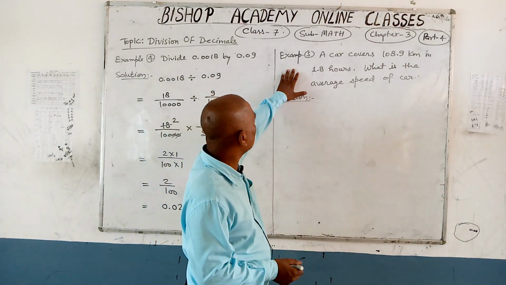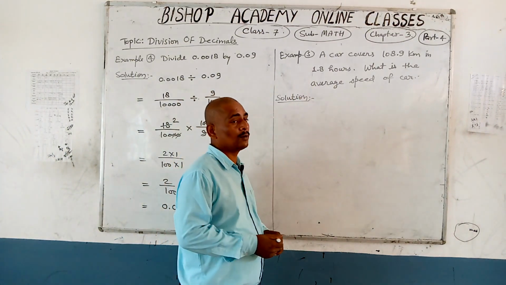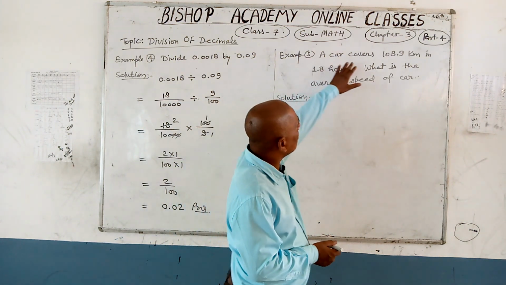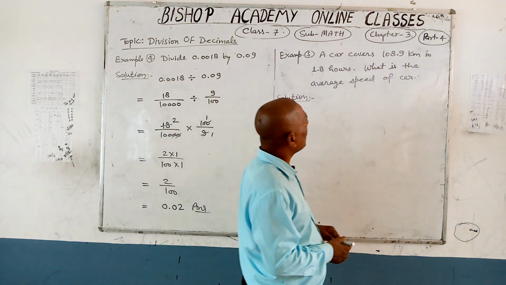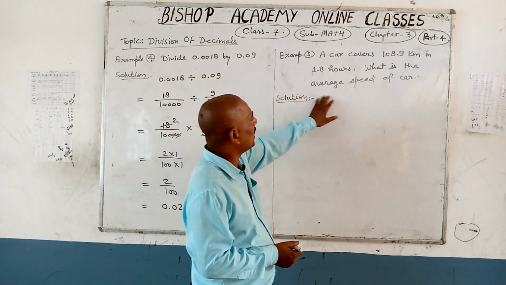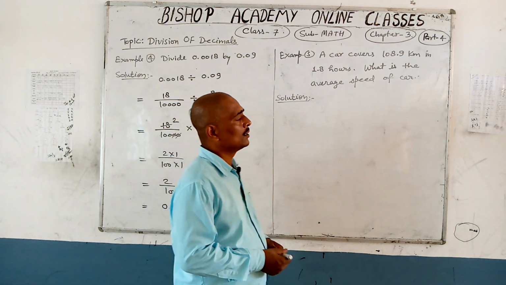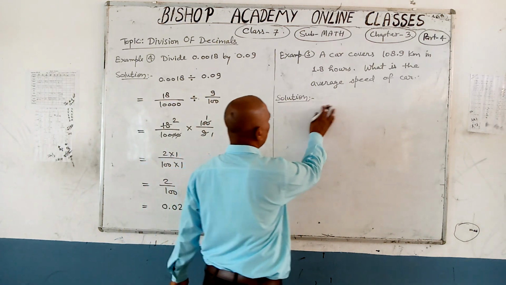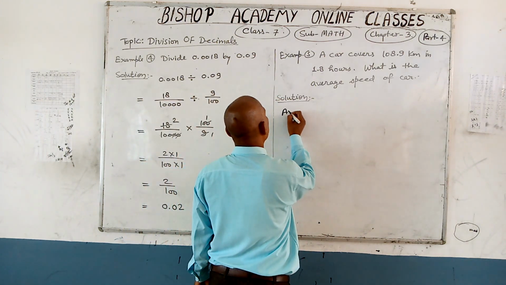Now see example number 5. This is a word problem based on decimals. A car covers 108.9 km in 1.8 hours. What is the average speed of the car? You know, to find average speed there is a formula. Write the formula.